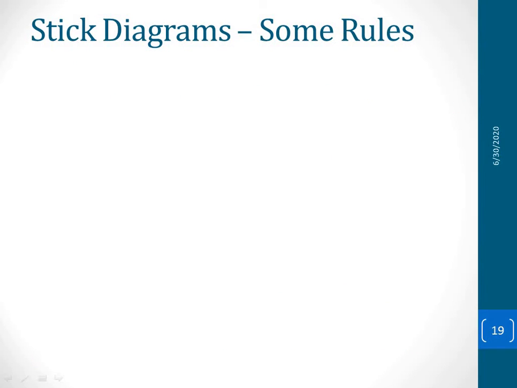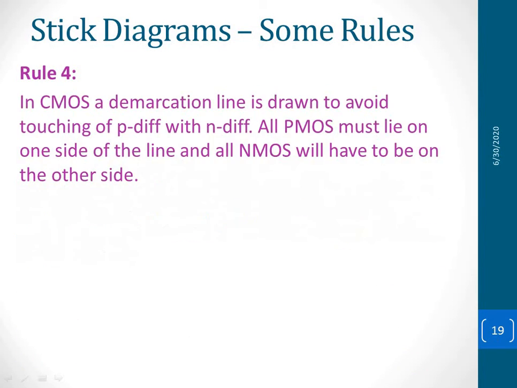You can see here. Next, rule 4 is in a CMOS, a demarcation line is drawn to avoid touching of P diffusion with N diffusion. All PMOS must lie on one side of the line and all NMOS will have to be on the other side. So this is called the demarcation line.